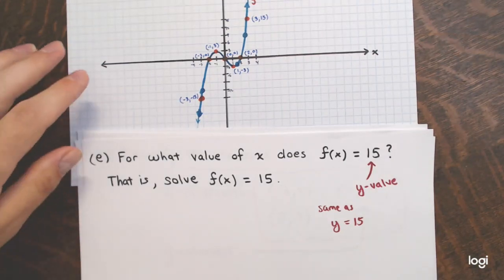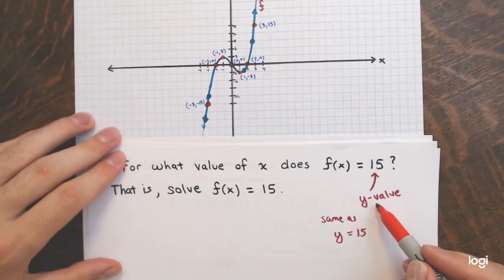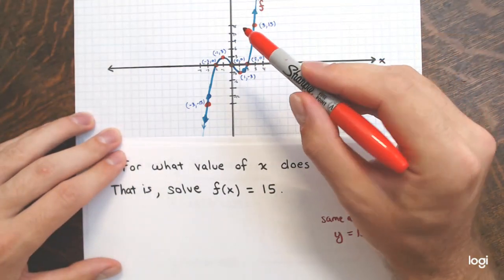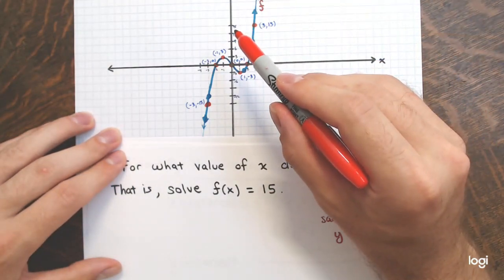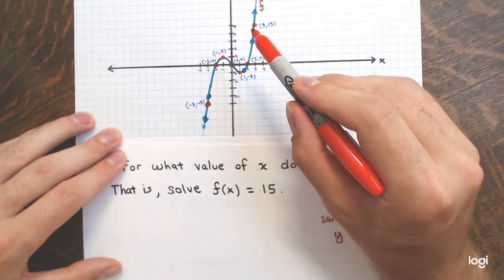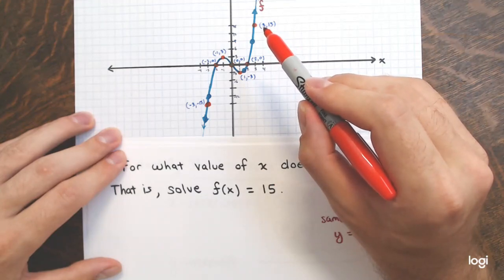So I look at my graph. Look for what point has a y value of 15. So we go on the y-axis this time to 15, little 15 there, and the only point corresponding to that y-coordinate of 15 is this point here. And when the y-coordinate is 15, the x-coordinate is 3.